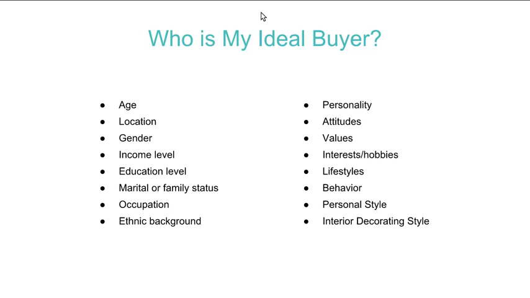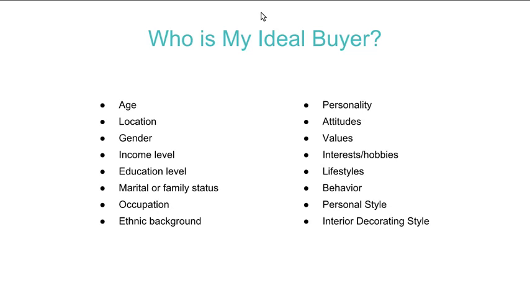So if you paint things with a shabby chic sort of feel, you use chalk paint a lot, that kind of thing, you probably wouldn't have supplementary boards about industrial type kitchens with the black cabinets and the brushed metal and the exposed brick, because that's not your target market. That's not their interior decorating style. That's not their personal style, probably.